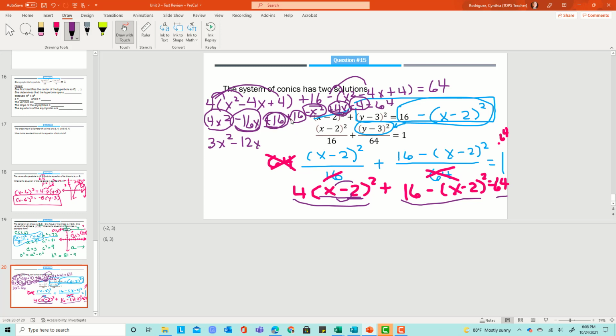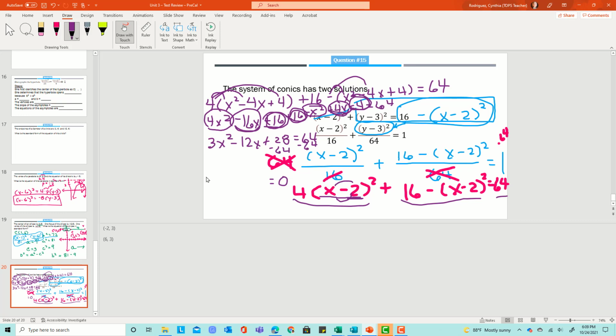Okay, 16 plus 16 is 32 minus 4 is 28. We still have that 64 on the right, so I'm going to subtract that from both sides. Pull that down a little bit, so that leaves us 0 on the right.